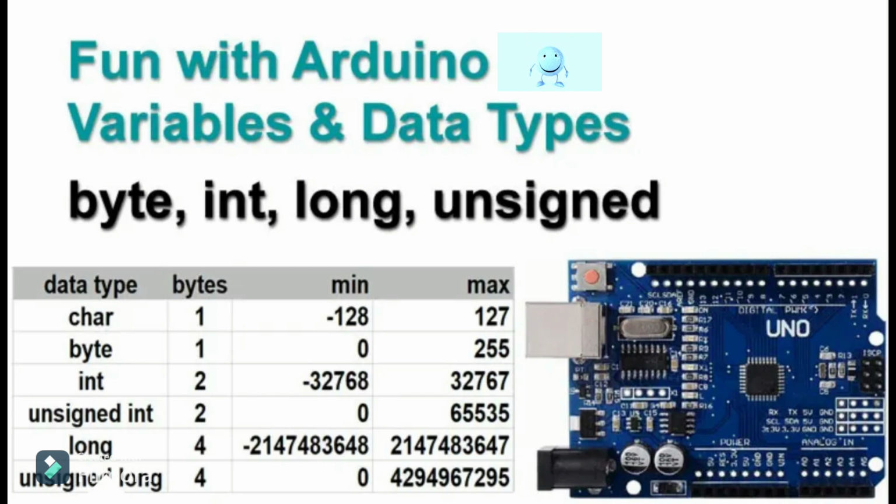That's why 2 into 2 into 2 into 2, 2 to the power 8. And you have to remember that byte will start from 0 only. 2 to the power 8 is 256. So it is 0 to 255. This is the range of numbers that can be stored in byte.